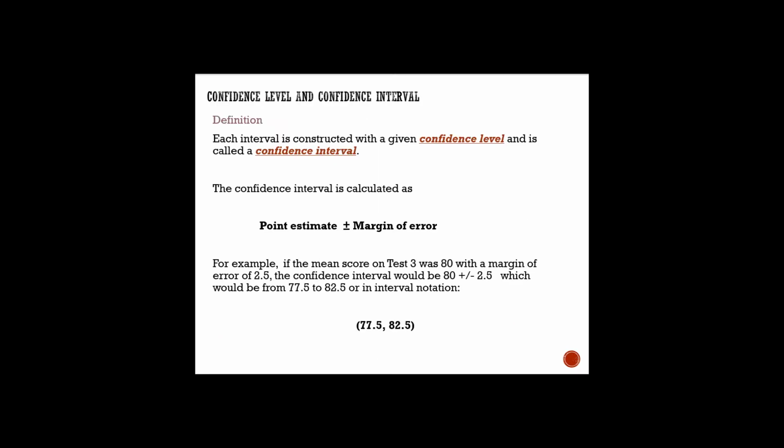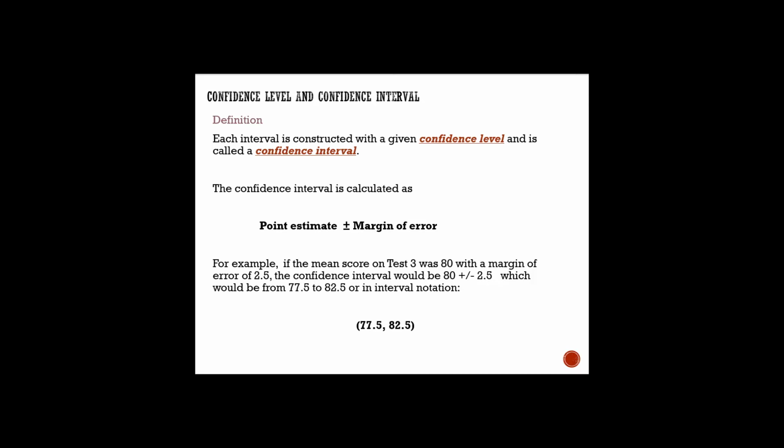The question is, how confident are we that the population mean is within our confidence interval? Well, to illustrate this, we say each interval is constructed with a given confidence level. So that's why they're called a confidence interval. Now, the confidence interval always is centered around the point estimate. It is, in fact, the point estimate plus and minus the margin of error.